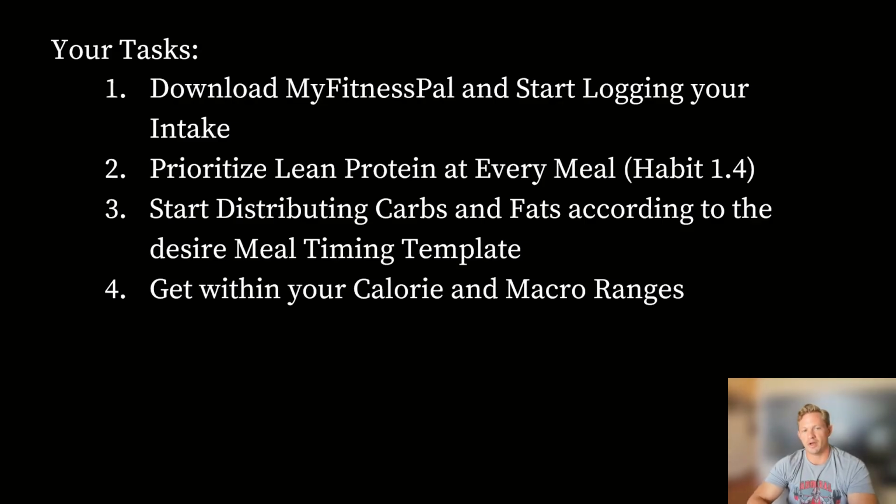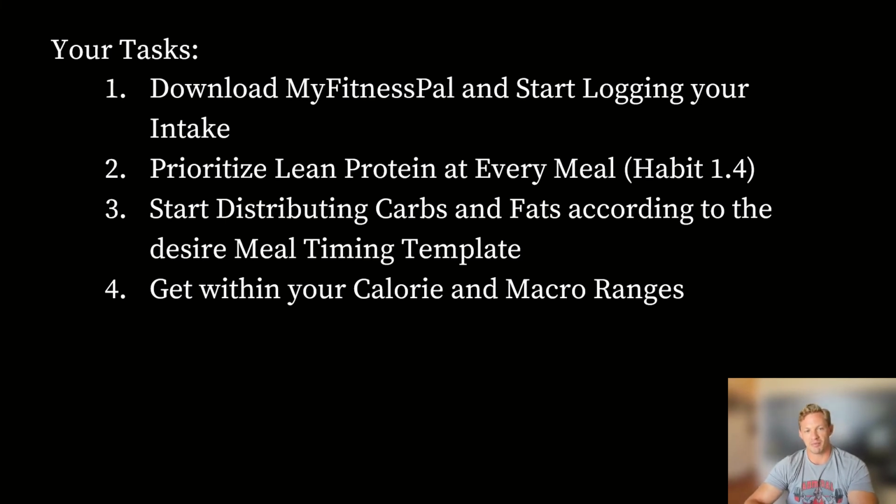Now, at this point, we want to make sure that we revisit what the order of tasks are. From here, you're going to start tracking all of your food. So download MyFitnessPal, create your account, start logging all of your intake. That includes liquids. So any beverages, Cokes, water, coffee, log everything. And then we're going to look at habit 1.4 and prioritize the lean protein at every meal.